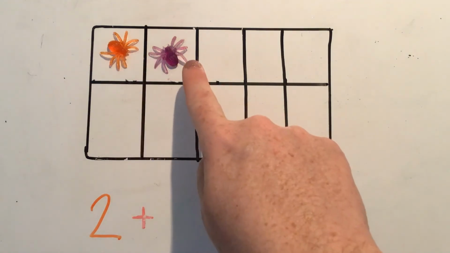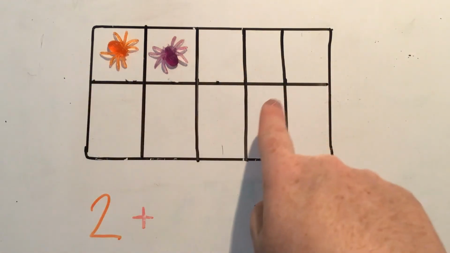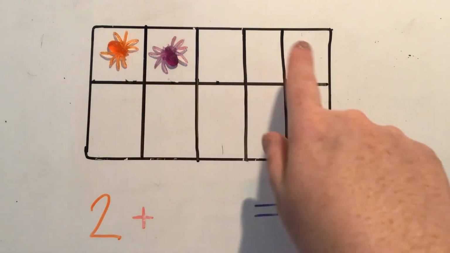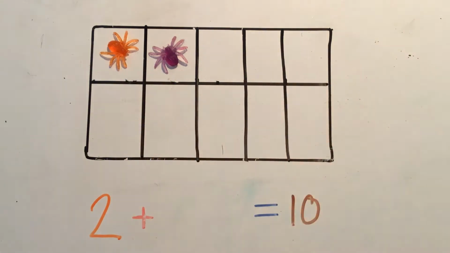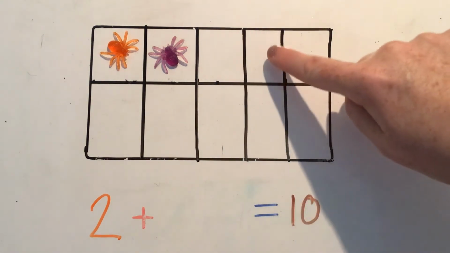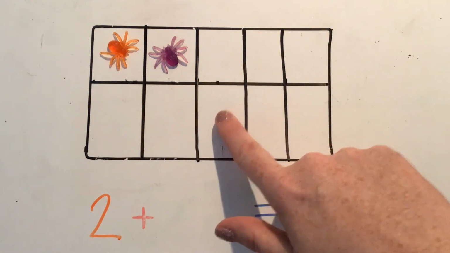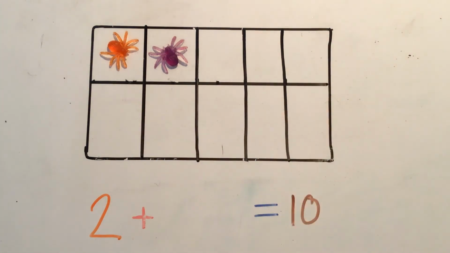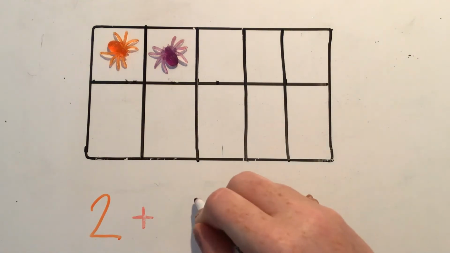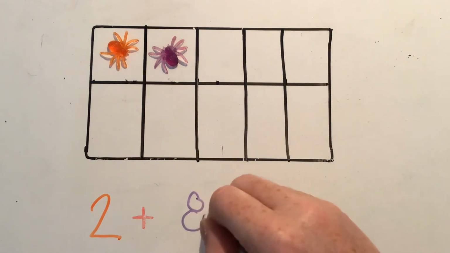Okay, we have 2. Should I count those again and count everything, or just count the empty spaces on the tens frame? Okay, I'm just going to count the empty spaces. 1, 2, 3, 4, 5, 6, 7, 8. There were 8 empty spaces on the tens frame.